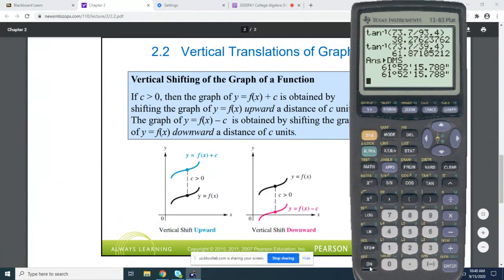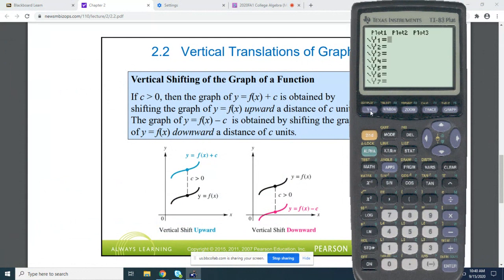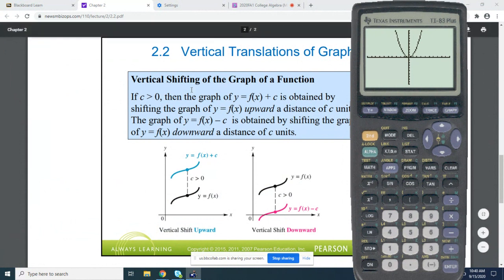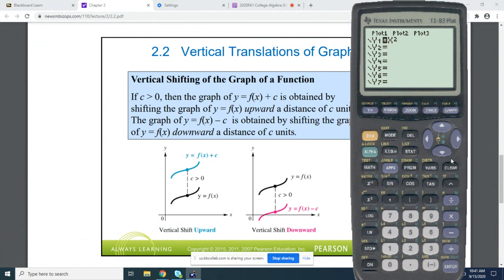I want to go into y equals, and I want to put in x squared. I'm going to hit zoom 6 to graph, and we have our parabola. I want to go back into y equals. I want to go to y sub 2, and I want to put in x squared plus 2.